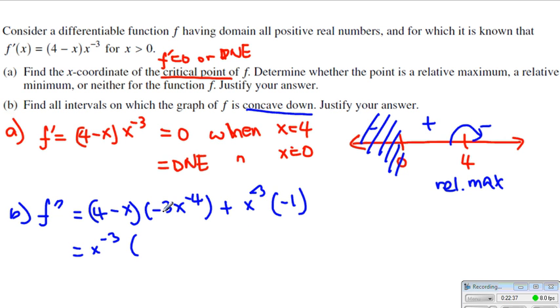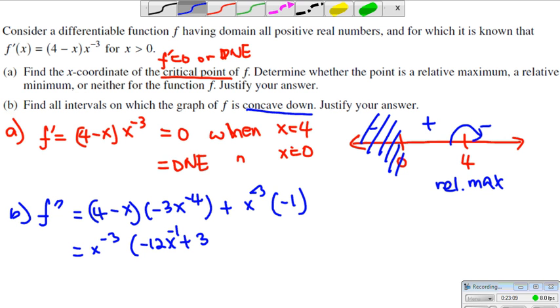Then we have negative 3x has to be multiplied here and here, then we end up getting negative 12x plus x to the -1 is still there, and this one becomes negative x times x to the negative 3, so x to the -1 power becomes simply 3. And then actually we have to include -1 over here.